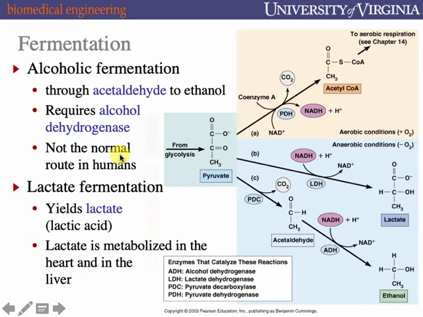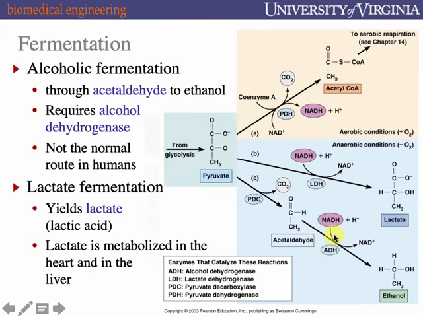It's not the normal route in humans because we don't have pyruvate decarboxylase. We can't do this first step. I looked around. I think fish might be able to do it, but we can't. Instead, we handle pyruvate via a different process, a different dehydrogenase. And the alternative dehydrogenase is called lactate dehydrogenase.